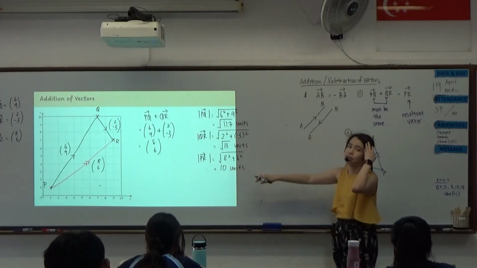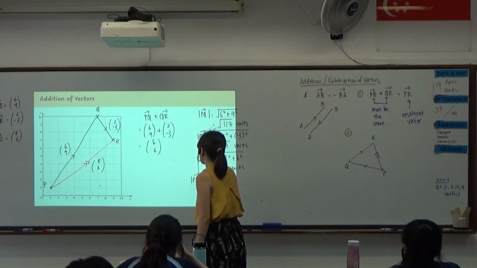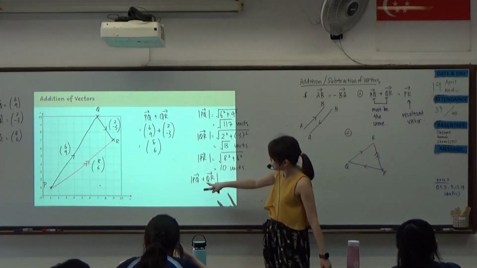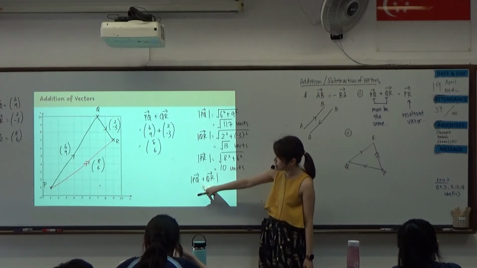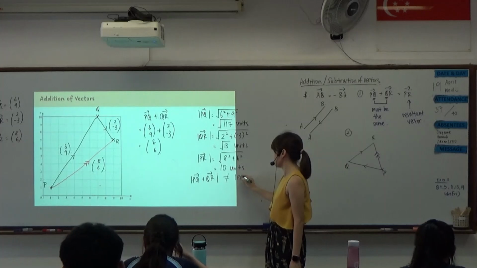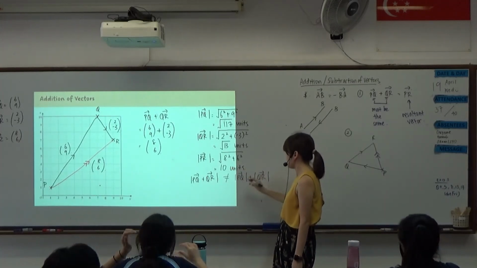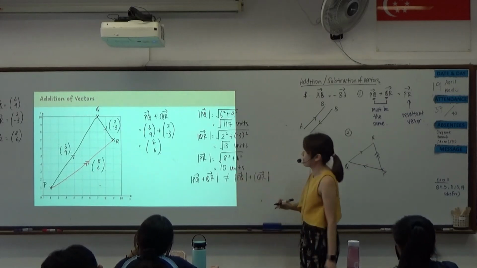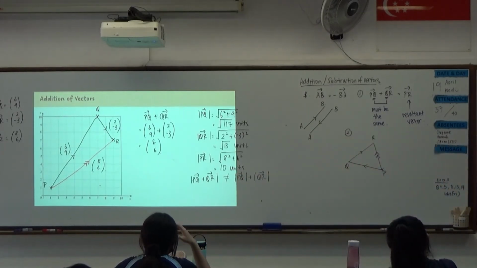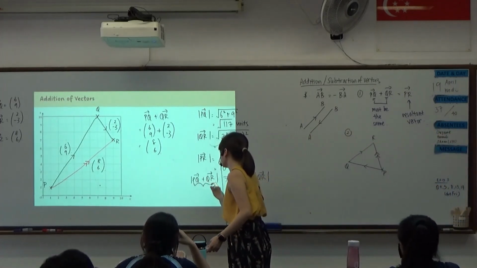And from this, we can conclude that when I find the magnitude of the addition of the 2 vectors, it is not the same as adding up the 2 magnitudes separately. So this PQ plus QR is actually your PR.